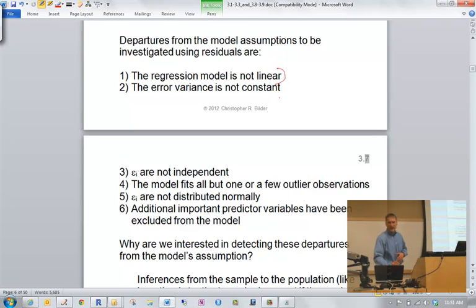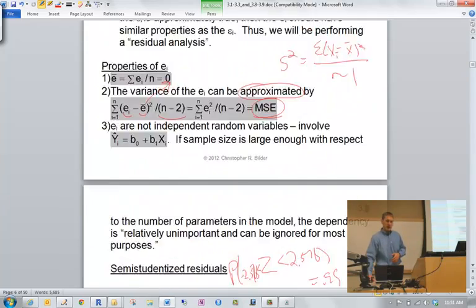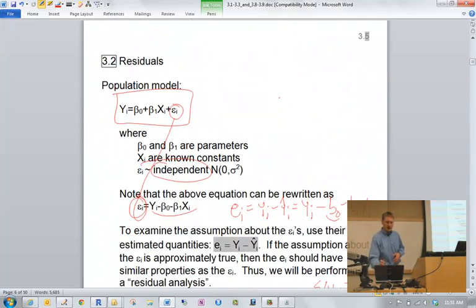First of all, we're going to look at: is the regression model linear or not? What I mean by that is what I was talking about at the very beginning, that we have this linearity assumption there. Maybe I should have a quadratic effect instead. Well, that's not linear. How can we maybe use our residuals to figure that out, if that should occur? Yes, we can.